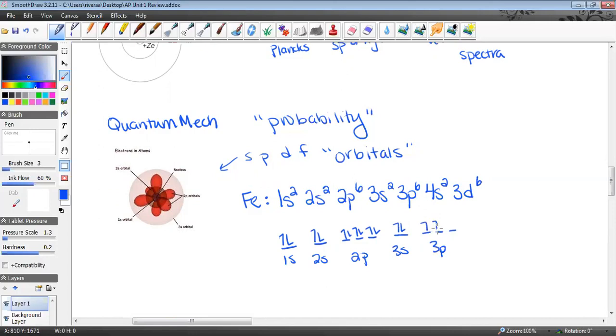Then 3p, 4s. And I draw all 5 spaces for my 3d, even if they're not all full, which in this case they are. Spread them out before pairing. There's my 6th electron.